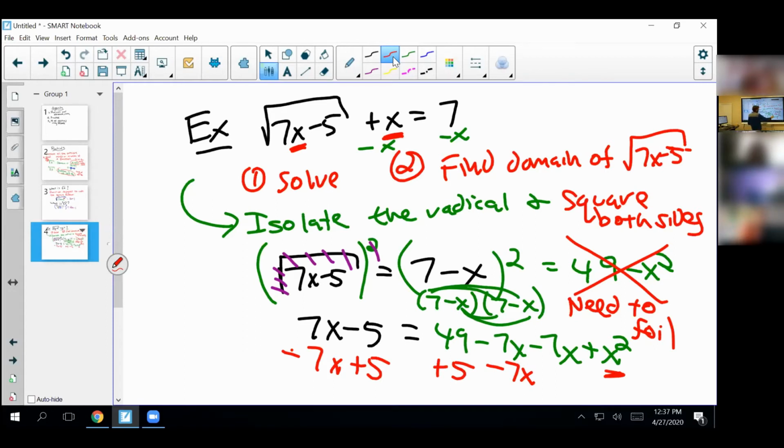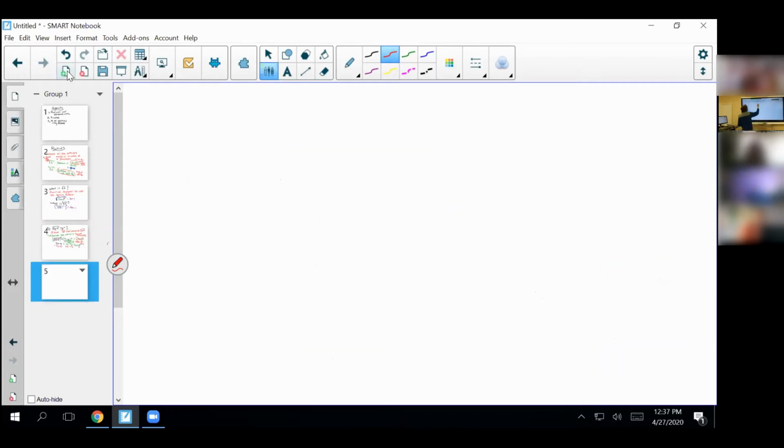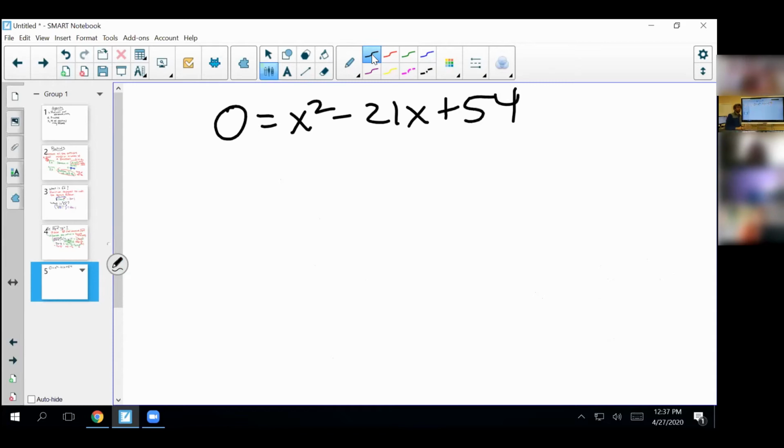We're going to get minus 21x plus 54 with that x squared as well. Let me just go to a new page. So we get 0 is equal to x squared minus 21x plus 54. And now you've got a pretty simple quadratic to solve.